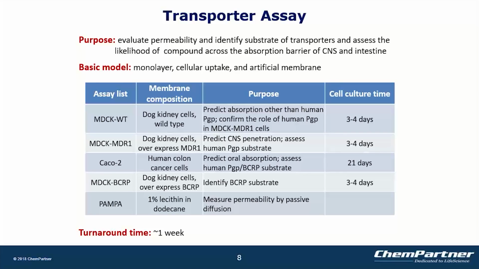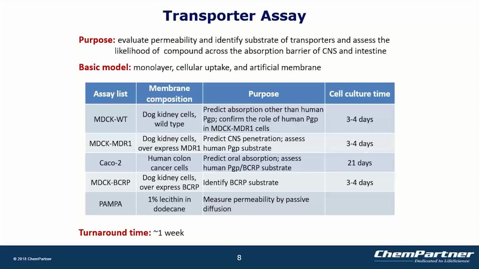So we use the cell line culture continuously, and also for CNS or some projects we do MDCK-MDR1, MDCK-BCRP, or MDCK-MDR1-BCRP double transfected. For these types of assays we can generate the data in one week, so we can solve some issues in terms of transporters.